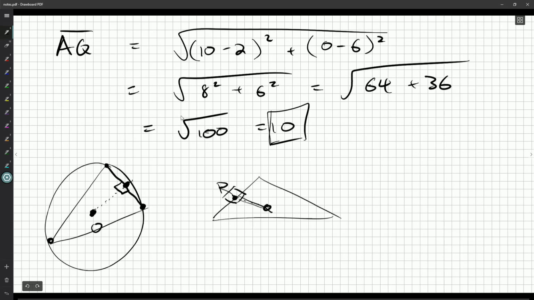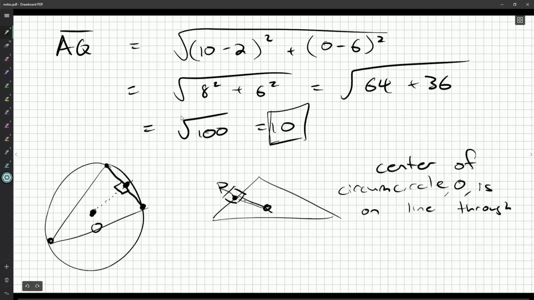So O, the center of the circumcircle, we'll call it O, is on the line through P perpendicular to AB.